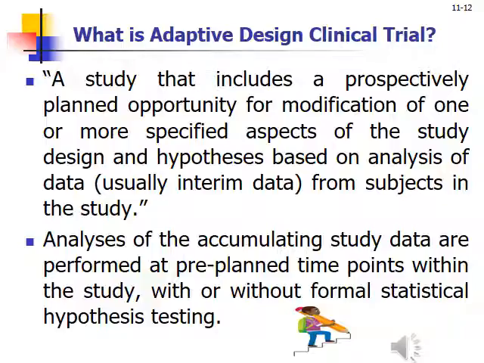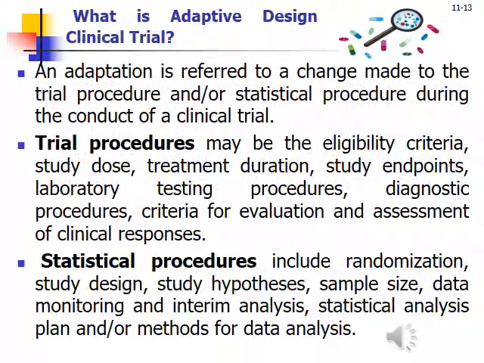Analysis of the accumulating study data is performed at pre-planned time points within the study, with or without formal statistical hypothesis testing. What is adaptive design clinical trial? An adaptation refers to a change made to the trial procedure and/or statistical procedure during the conduct of a clinical trial.